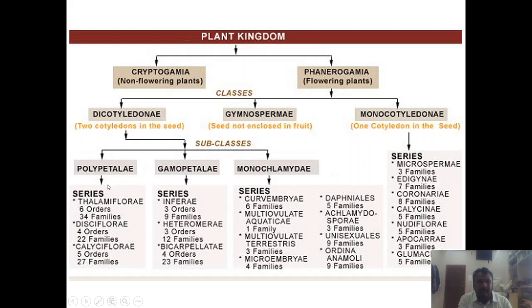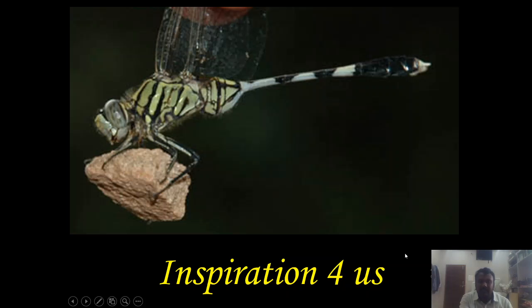Again, Polypetalae has series Thalamiflorae, Disciflorae, Calyciflorae, and then series in Gamopetalae: Inferae, Heteromerae, Bicarpellatae, and Monochlamydeae. There are 8 series present: Curvembryae and then Unisexuales. There are 7 series present in the monocotyledons, Microspermae to Glumaceae. This is the information for us.